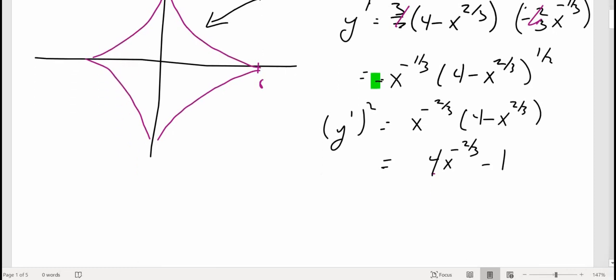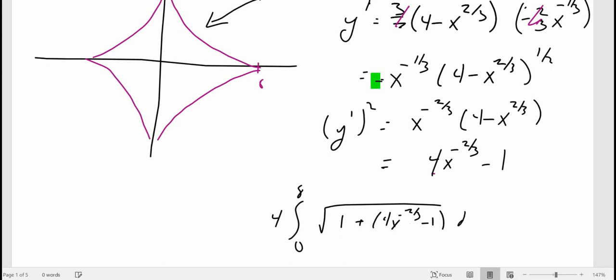Now, when I use the arc length formula, we're going to go from 0 to 8, and we're going to multiply that one by 4, because we have 4 of those pieces, using the symmetry. That's going to be the square root of 1 plus 4x to the negative 2/3 minus 1 dx.